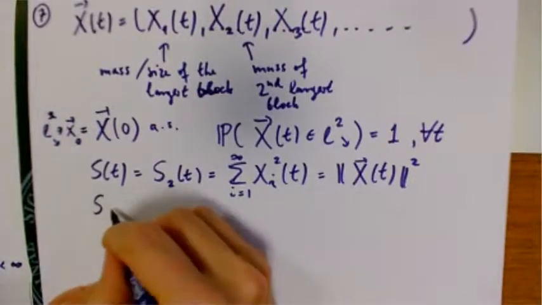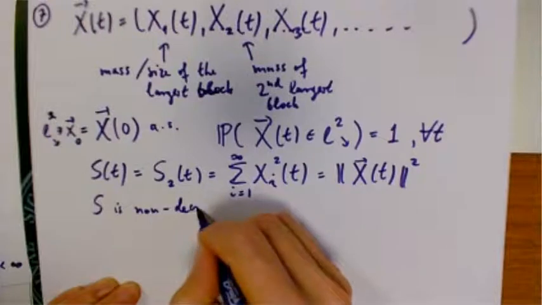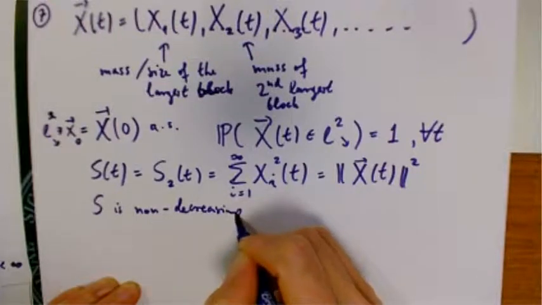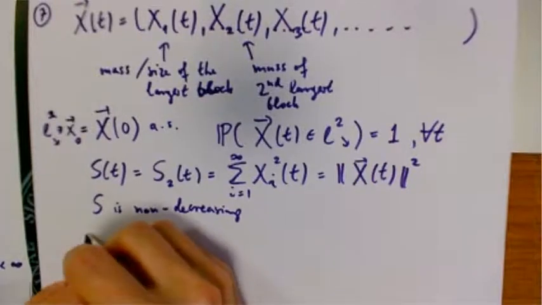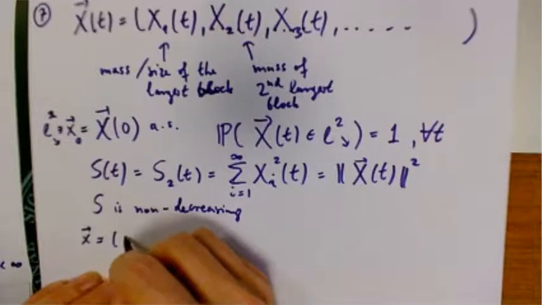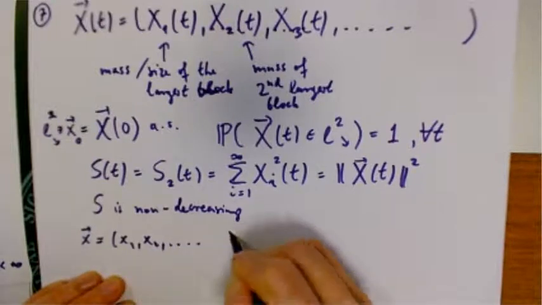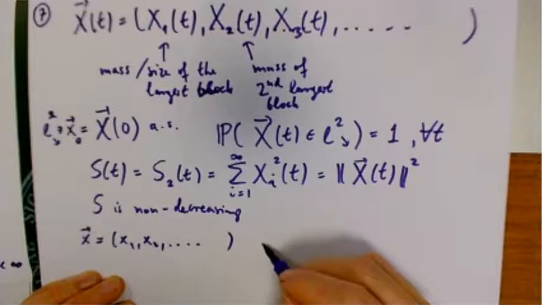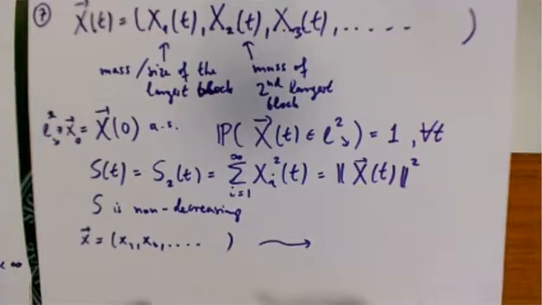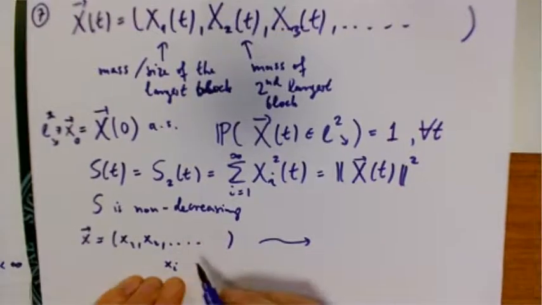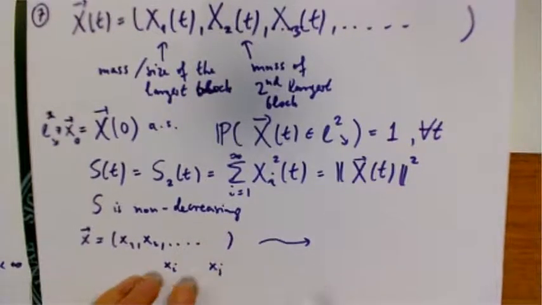I forget, what are the intensities? Okay, so the rates are as follows. If your state is x1, x2, and so on, there is an instantaneous change, and there are many. Here's some x_i, the ith largest, and x_j, the jth largest, say i is less than j.